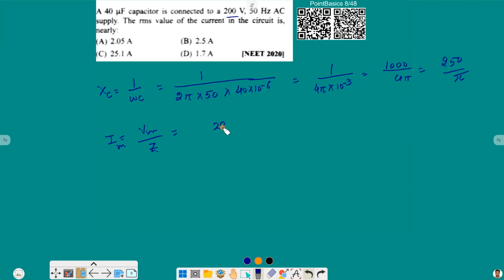So it will be 220 by 250 into pi, and solving this, we will get 2.51. That is option B for us. Now let's move to the next one.